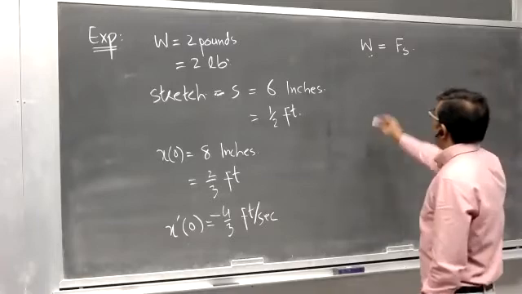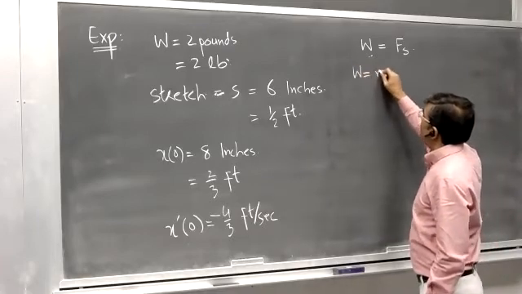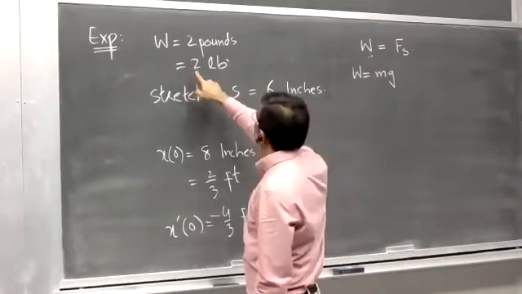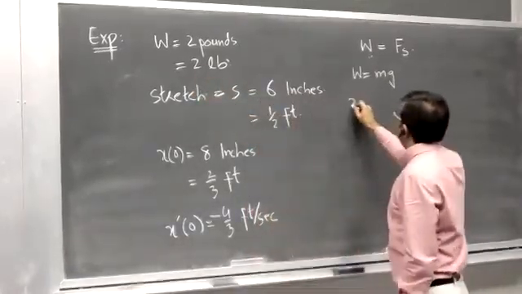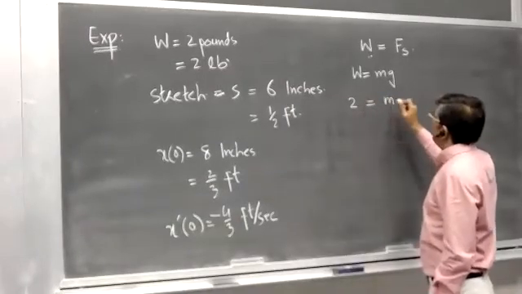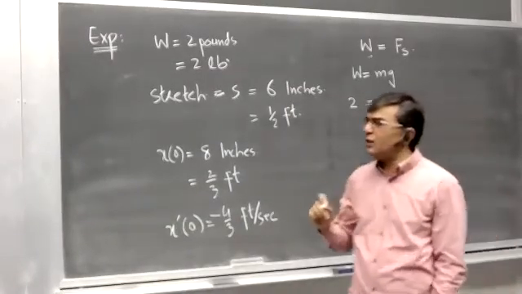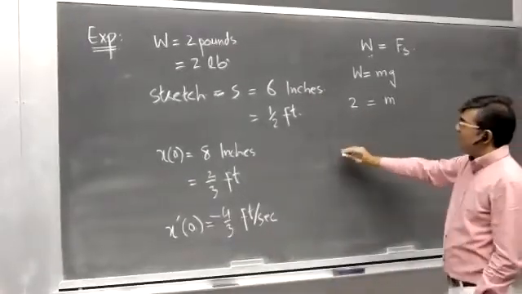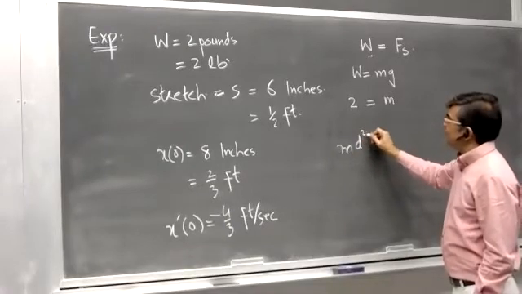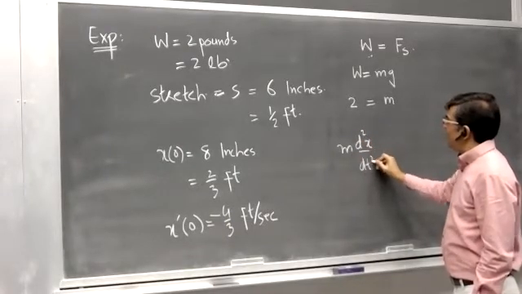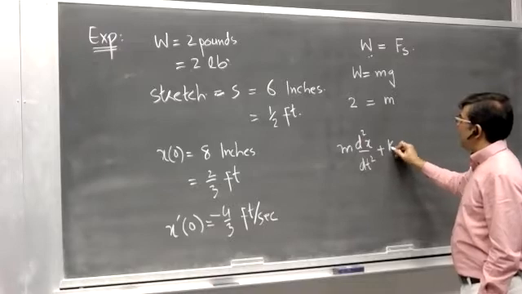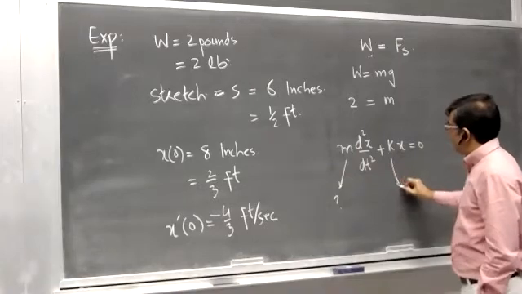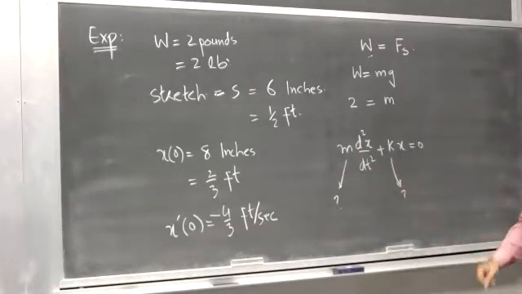W is equal to mg, and we have the weight given, which is 2, so we can find m. We need to find m in order to construct that differential equation, because the differential equation is m times d square x by dt square plus k times x is equal to 0. So we need to find m and we need to find k here.